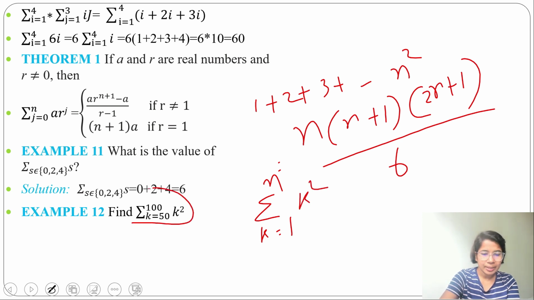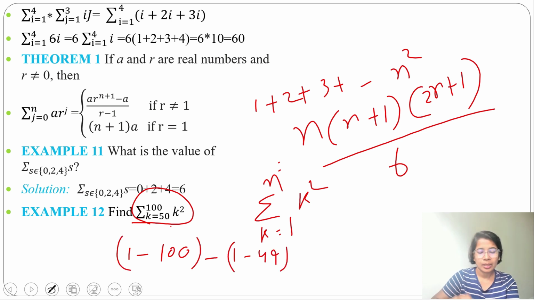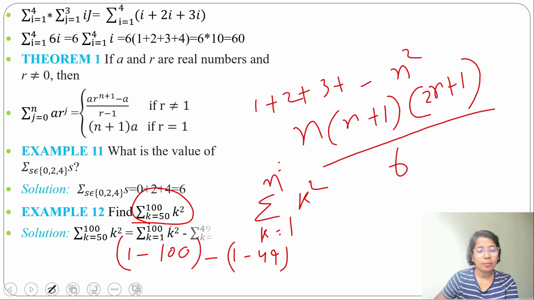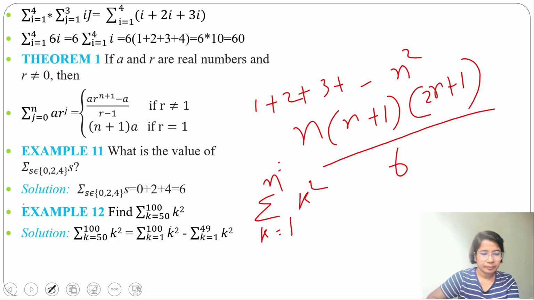This summation 50 to 100, we can split. We can write 1 to 100 minus 1 to 49. So the sum of 1 to 100 k square minus the sum of 1 to 49 k square. So this will be the sum of 50 to 100 k square. And for k equals 1 to 100 k square, we have the formula. We can use this formula.